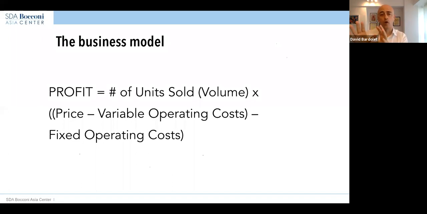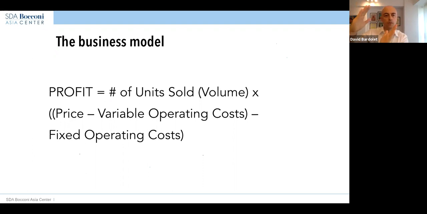But there's another type of cost that we call fixed. That is a cost that I have to spend regardless of the number of units that I sell. The salary of the CEO of a company does not depend on the number of units the company sells. You have to pay him his salary, or her salary. But the amount of raw material that I need to spend depends on the number of units that I sell.